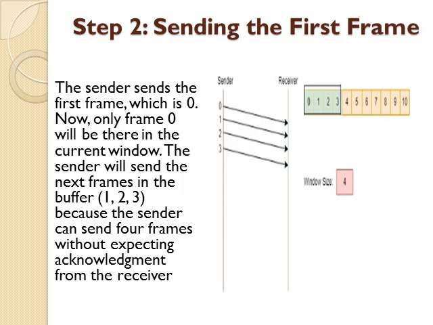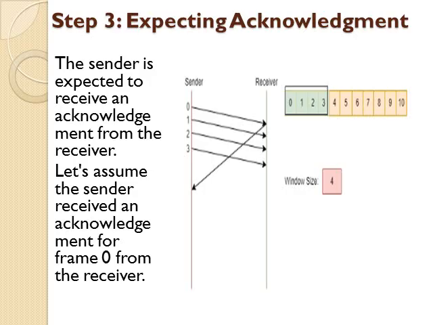Step 2. Continuously 0 to 3 frames are sent to the receiver without receiving any acknowledgement. After sending 4 frames, it waits for the acknowledgement of the 0th frame. After the acknowledgement of the 0th frame is received, now the window moves from 0 to 1, 2, 3 and 4.